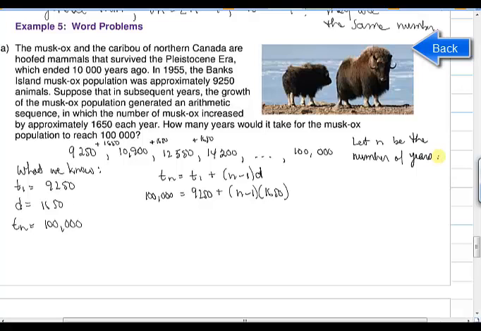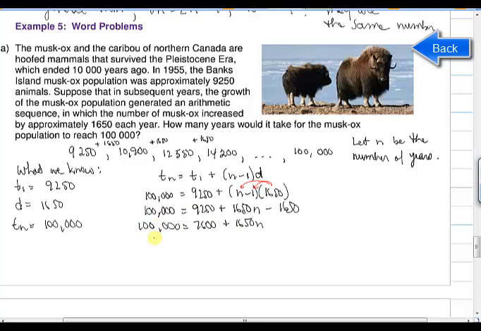Okay, so let's calculate what n is. The first thing we want to do is distribute our 1650. So we get 100,000 equals 9,250 plus 1,650n minus 1,650. We want to combine our like terms, so 9,250 minus 1,650, and we get 7,600. We want to bring our 7,600 over to the left.